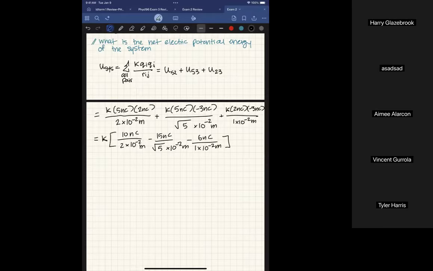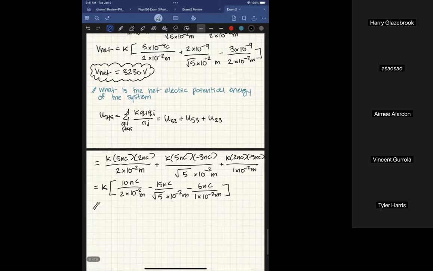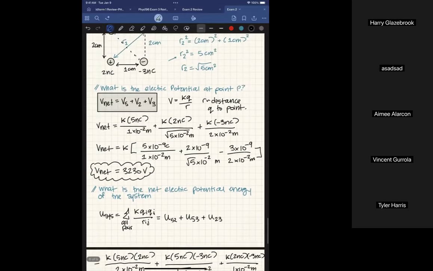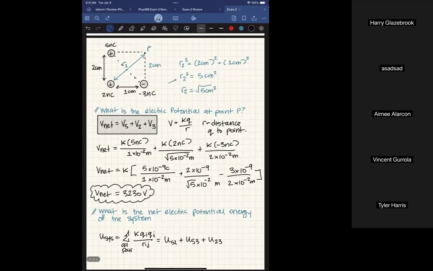Okay. And I'm not going to do this one out just because I want to save some time. But that's the difference between finding the electric potential and electric potential energy of a charge distribution.